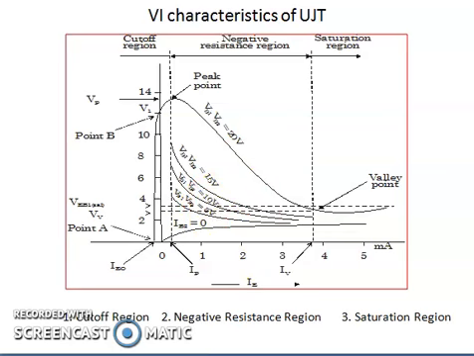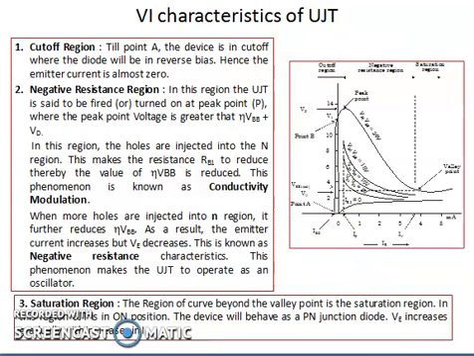For different varying voltages, we take the readings and draw the graph. For general operation, we have to operate the UJT in the negative resistance region, and after the saturation region it looks like an ordinary diode characteristic curve. We have to note two important points: the peak point and valley point. Next we see the important regions in the VI characteristics curve.